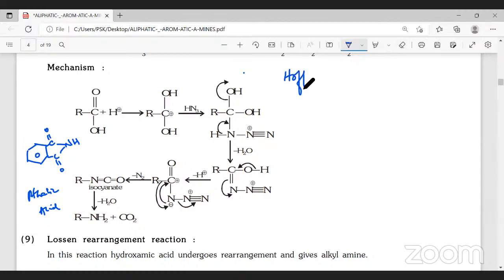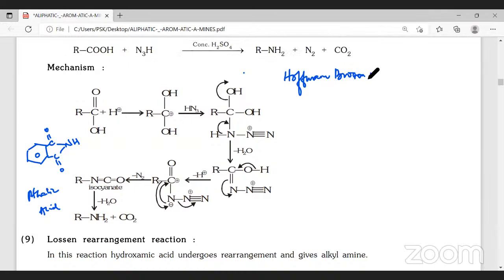It's called Hoffman's bromamide method, or it is also called Hoffman's degradation reaction. Now, what is this Hoffman's degradation reaction?